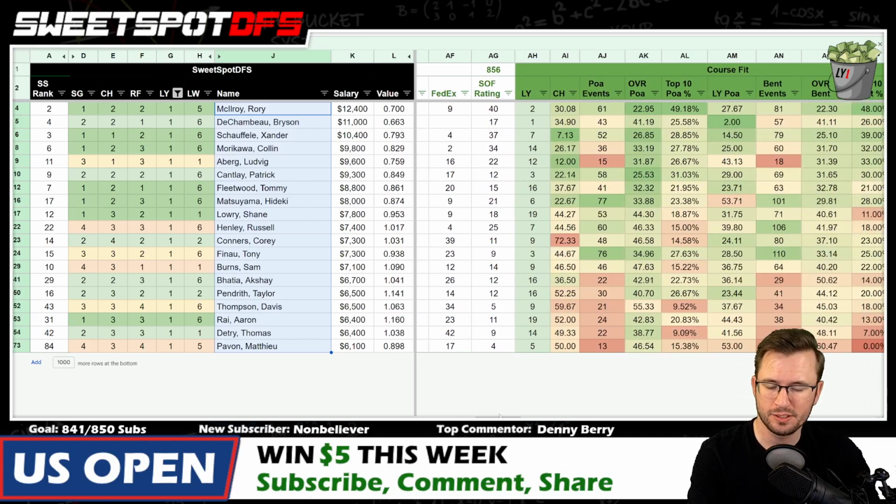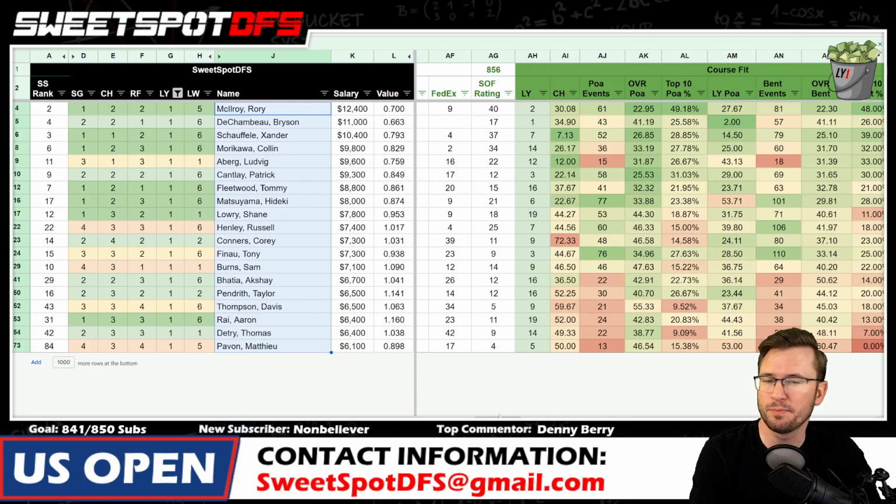Here is, it's unfortunately complicated, but it is also kind of simplistic at the same time. There are so many good golfers in this event, and obviously Scottie Scheffler is one of them. Scottie Scheffler is not in this bucket.